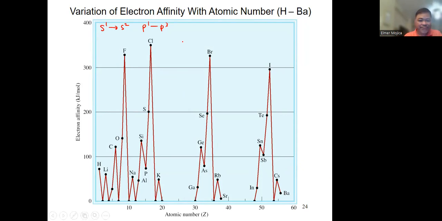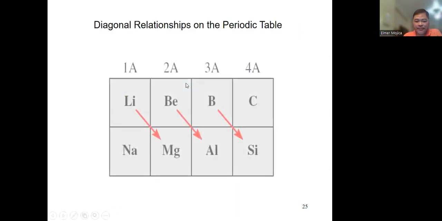So they said the trend here is still similar to ionization energy: when you disturb a small atom, you're going to spend a lot of energy, whether to remove or to add an electron. Okay?